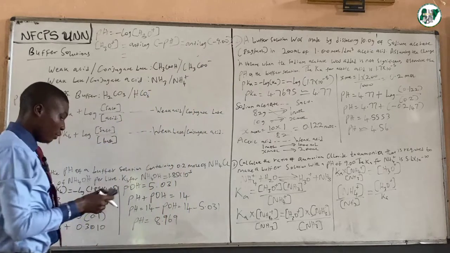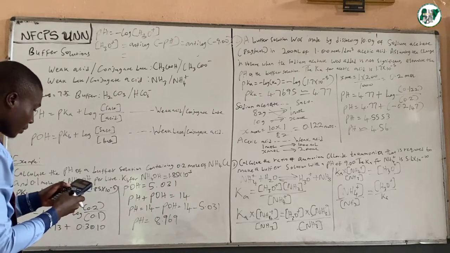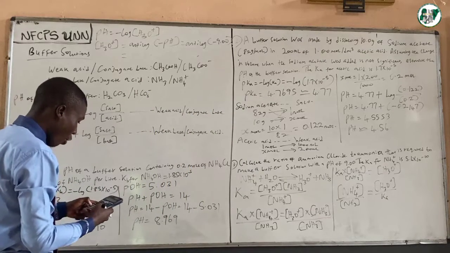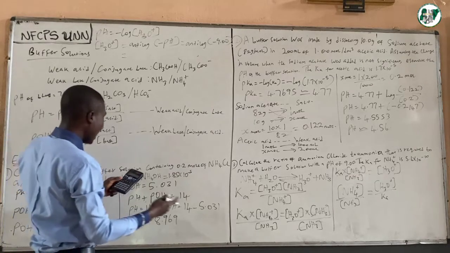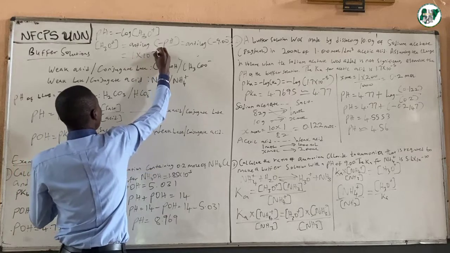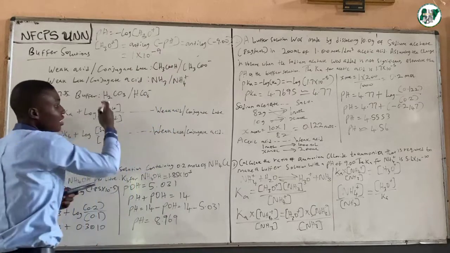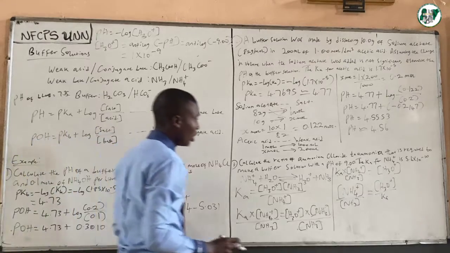That is going to give us the hydrogen ion concentration. So we simply do the antilog of minus 9.00, and that's going to give us 1 times 10 raised to the power of minus 9.